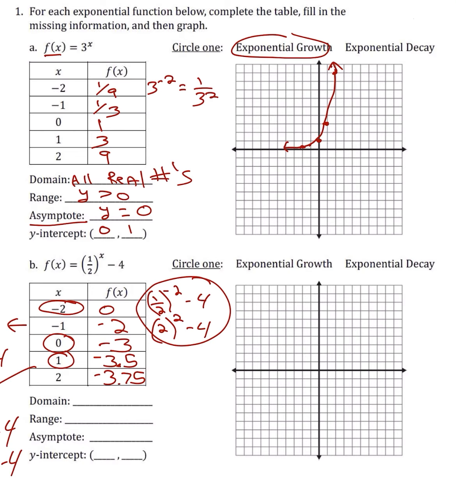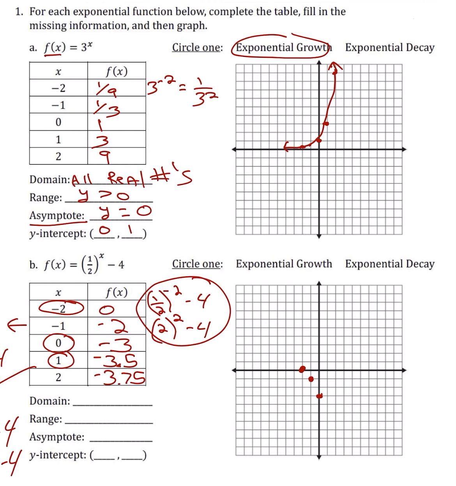Let's now plot these points. When x is -2, y is 0. Okay, when x is -1, y is -2. When x is 0, y is -3.